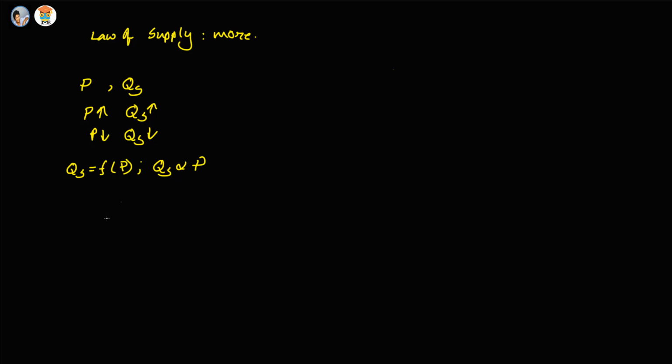Now, if you take an example in a table form, here we have a table. Here we have price, and here we have quantity supplied.